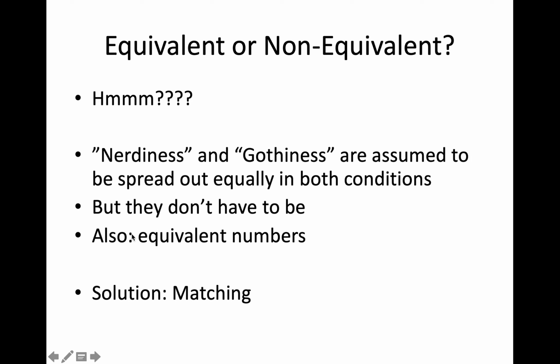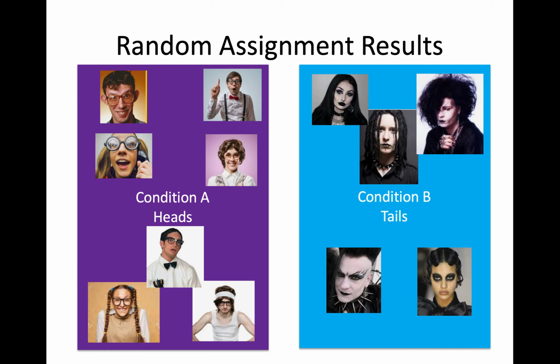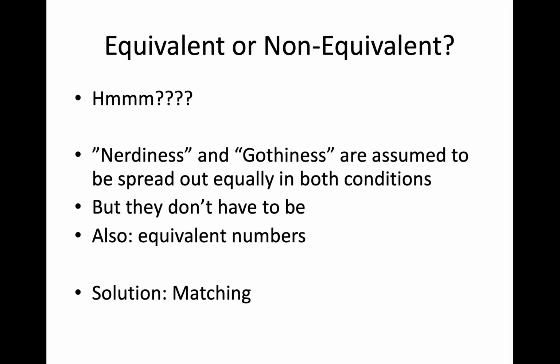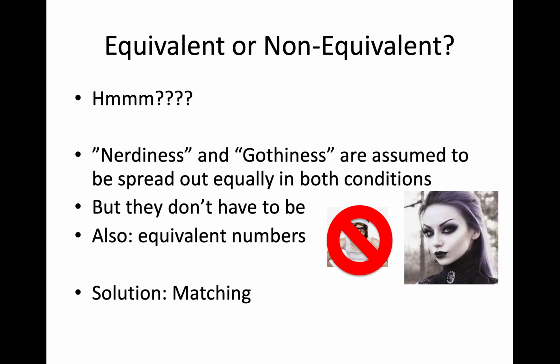Now, we also have the problem of equivalent numbers, and that is we wound up with 7 nerds and 5 goths. Maybe we want to do something about that, and that's pretty easy. What we do is we eliminate subjects and select ones that fill the other criteria. So that's easy.